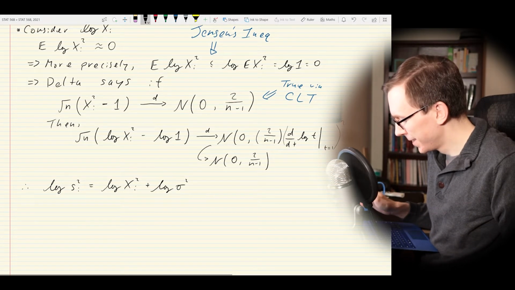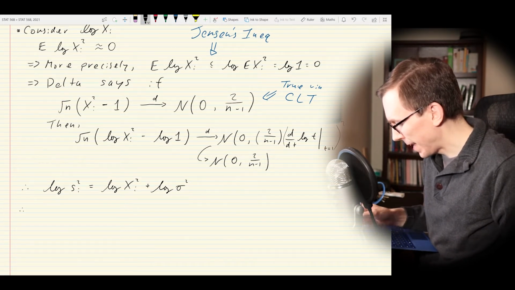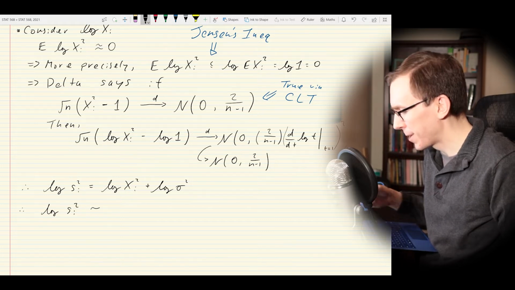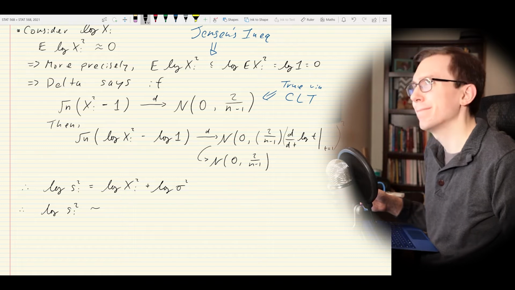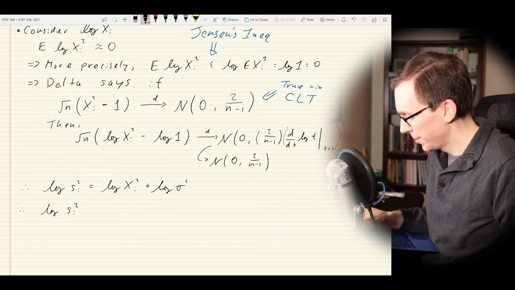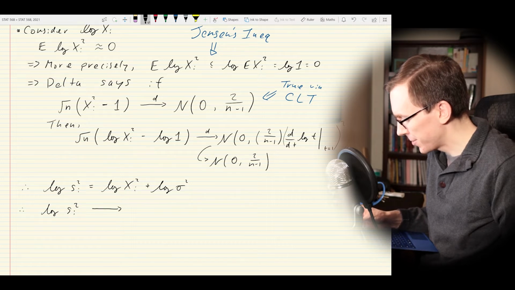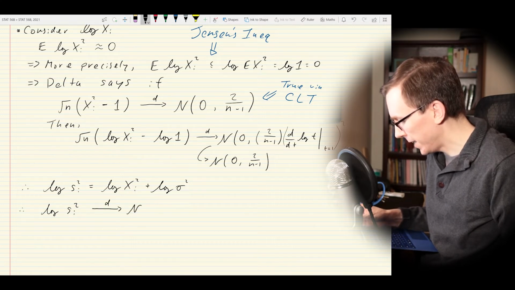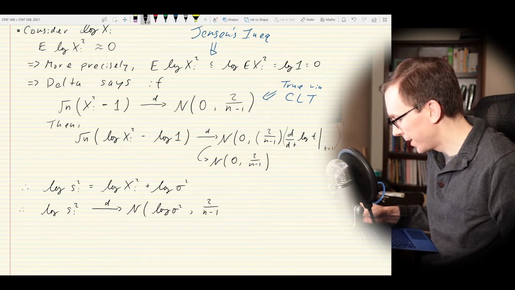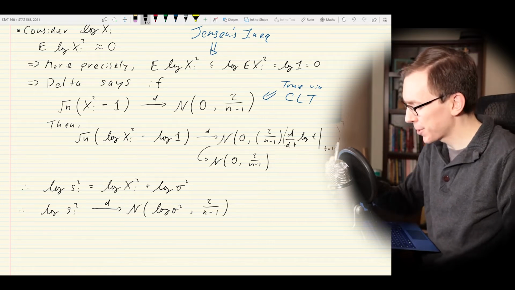So therefore, the log of si squared converges in distribution to a normal random variable with log sigma squared as the mean and variance 2 over n minus 1, which luckily has nothing to do with sigma squared.